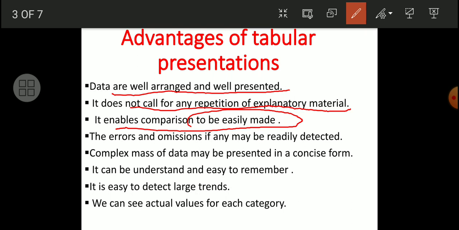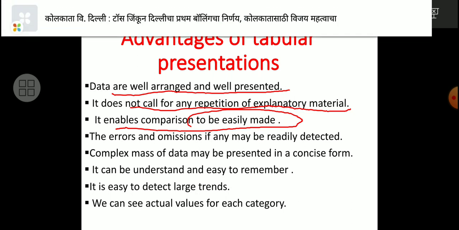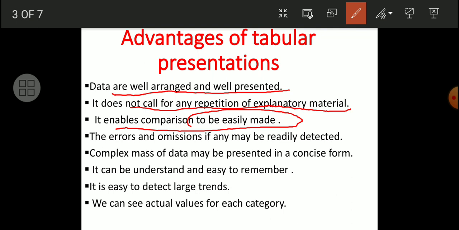Immediately we will be able to understand the size, the length in centimeters, isn't it? Suppose plant A has a height of 2 meters, B has 2.5, C has 3. Immediately we will compare the things. The third plant is taller as compared to the remaining two plants.